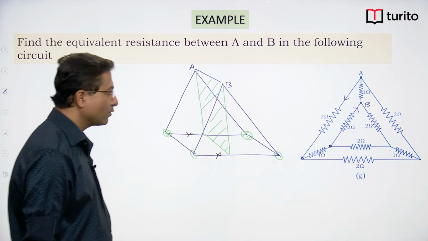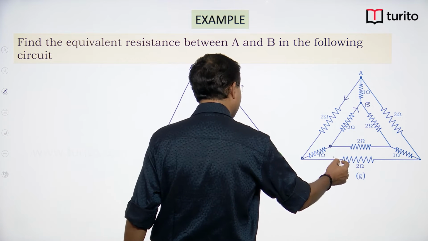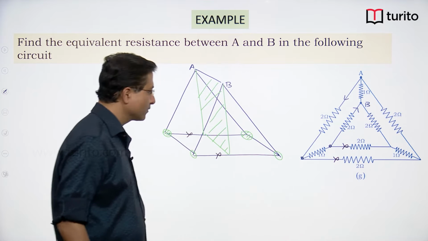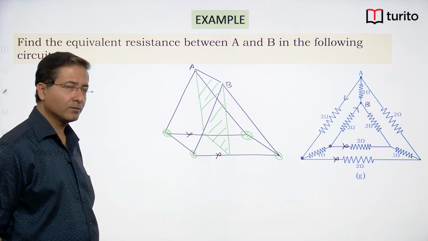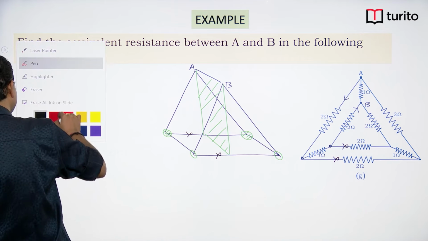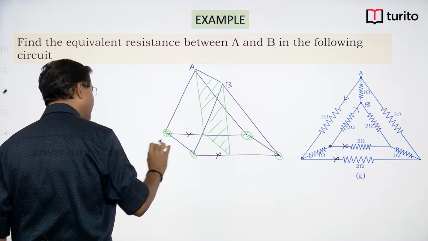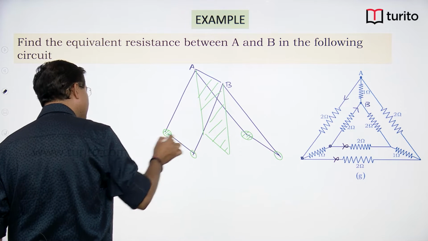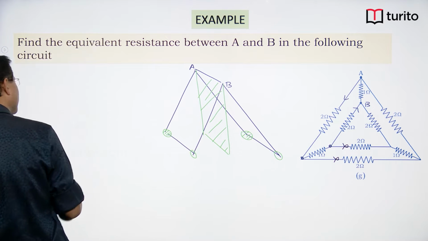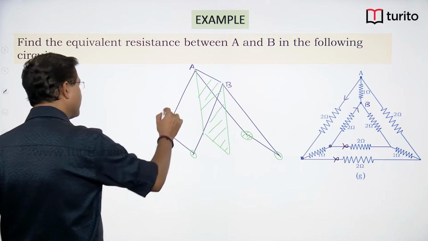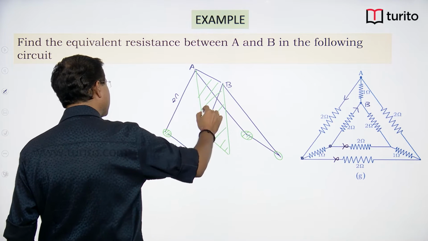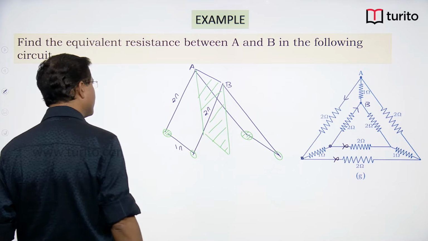So, as there is no flow of current through this and no current flow through this, I can remove these two, because there is no flow of current. So, now I am removing this and removing this. Now, look at the structure. This one is given 2 ohm, 1 ohm, and then again this is 2 ohm.